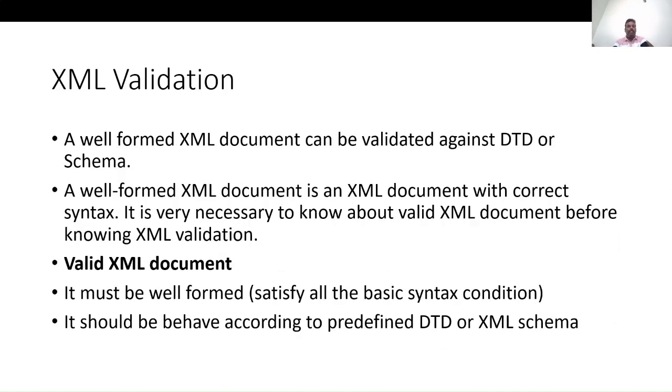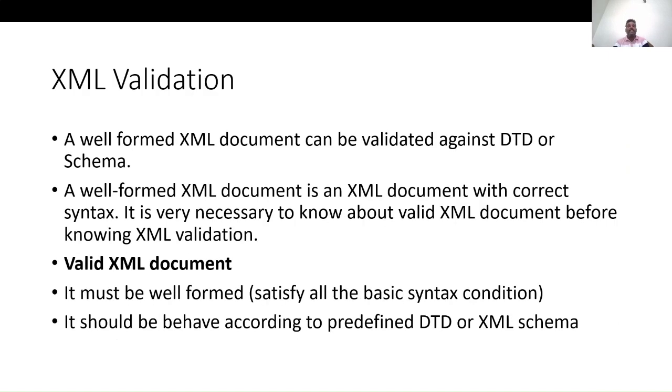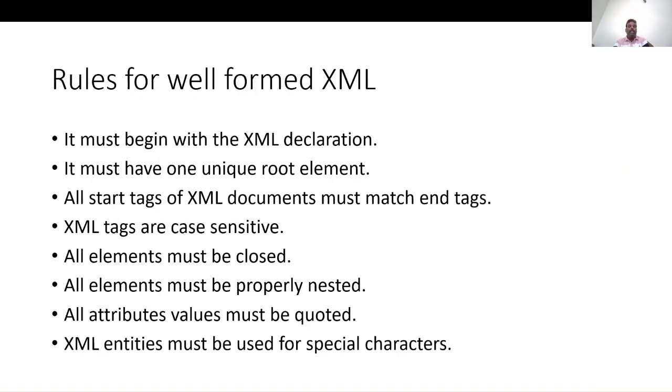So XML rules. XML we are going to validate also. So to validate, we have some conditions. Because XML doesn't have predefined rules, it is user defined tags. Whatever tags we write, we define; so how is it validated? To check how it is validated, we have some common conditions. That is DTD. The rules for well-formed XML: it has to begin with an XML declaration. It must have one unique root element.